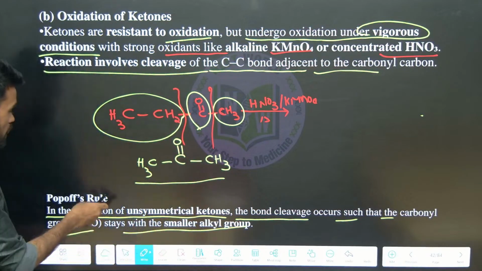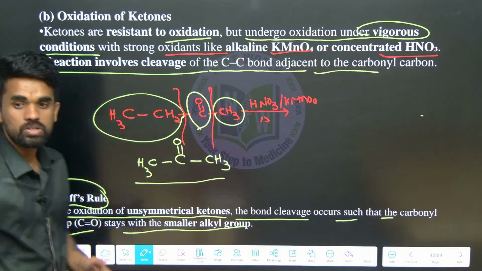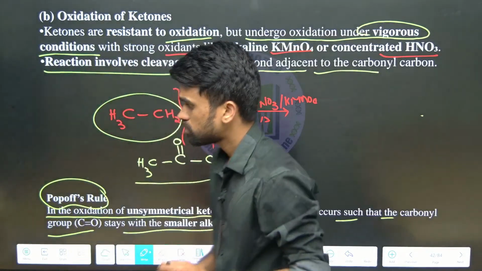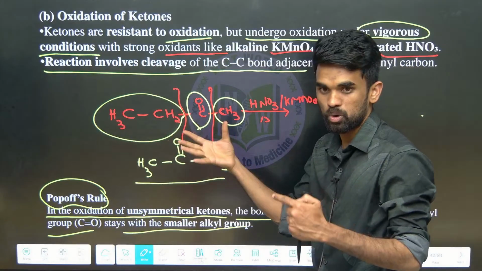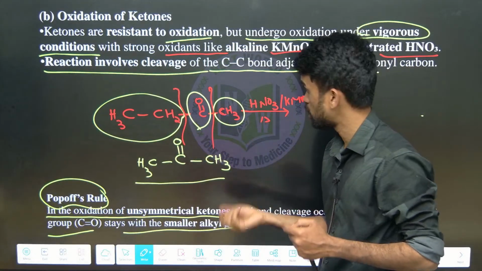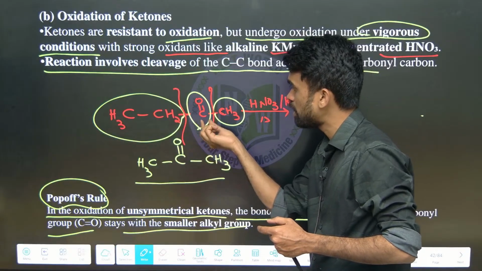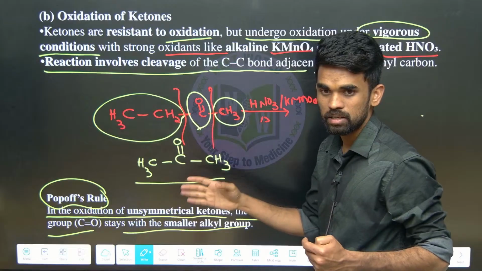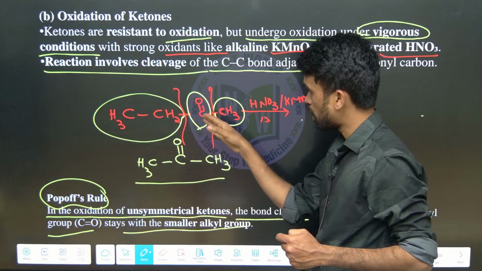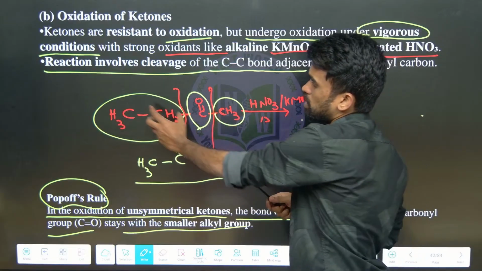For that we have something called Popoff's rule. Popoff's rule says that for the major product, the carbonyl group always goes with the smaller alkyl chain. Which side has the smaller alkyl chain? This side. So the carbonyl group goes with this and the other part becomes another product.